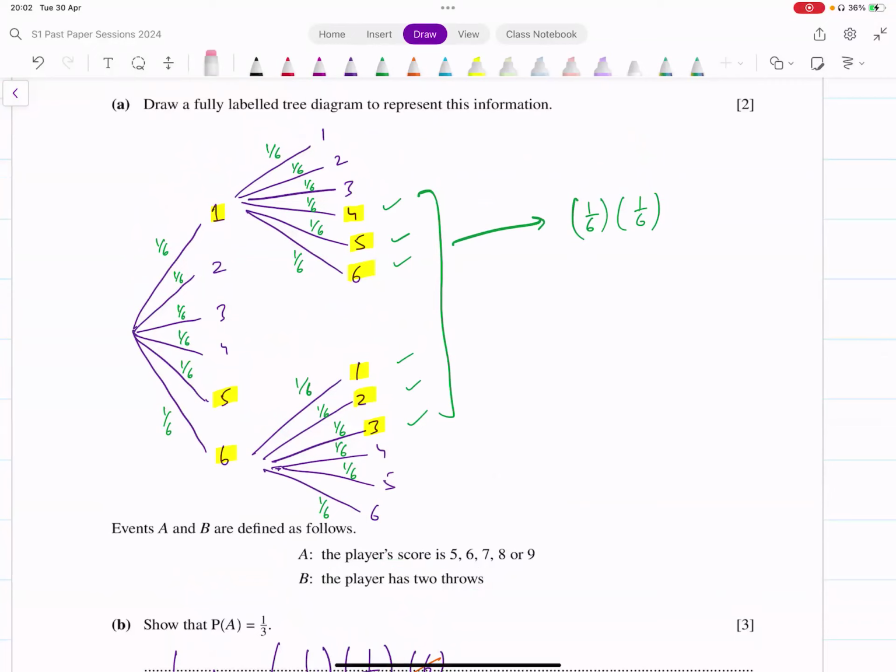So which cases are we talking about now? When there are two throws, but the score is not one of these numbers. That's these cases or these cases. The probability of each one of these cases is 1/6 into 1/6, and there are 6 cases like this as well. Since you have to add this number 6 times, that's the same thing as multiplying this number by 6, and you would get your result from that. Let's see what this turns out to be.